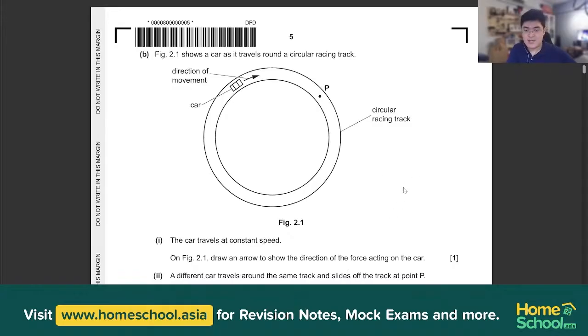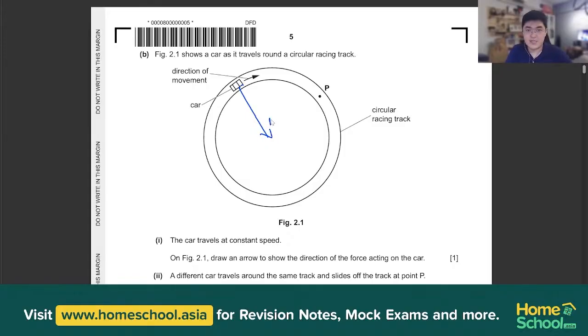So for an object undergoing circular motion, assuming that it is moving at constant speed, there will be only one direction of force, right? And that one direction of force is here. It acts towards the center of the circle, right?